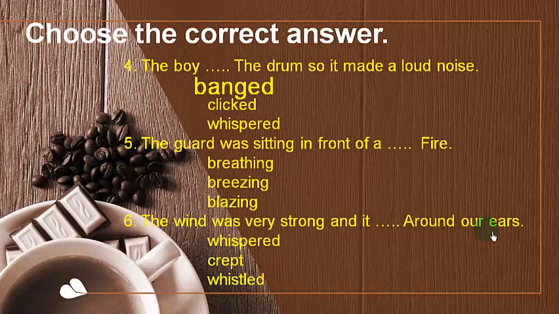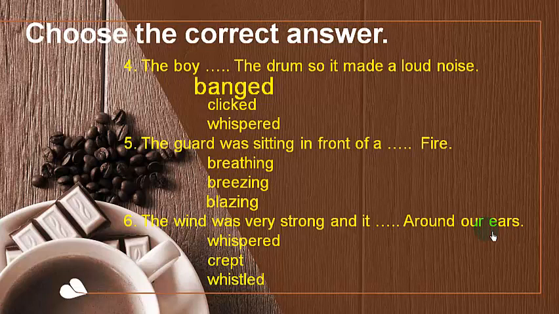Wonderful. The guard was sitting in front of a what? Fire. So breathing, it's like when you breathe, and breathing like a very cold wind, the breeze of the air, or blazing. A blazing fire, a very, very bright fire, right?